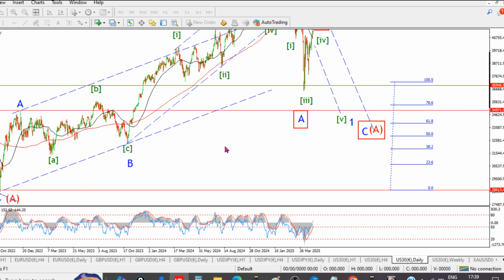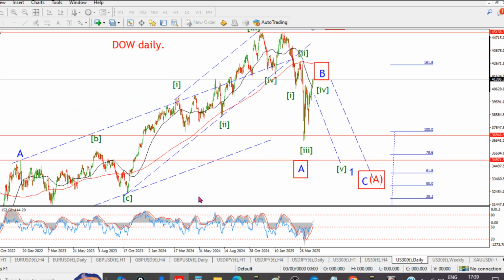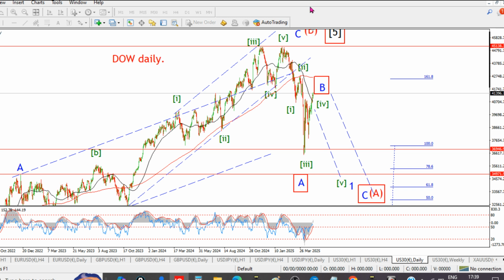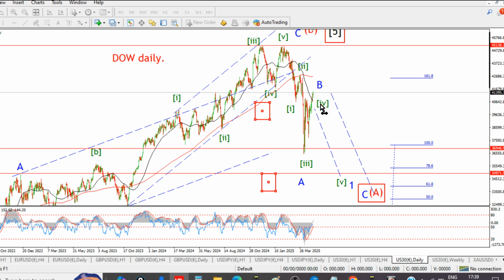So in around that area, we have some reasonable support for this pattern. I did actually switch to that pattern last week, so if you're a subscriber, you know that we switched to that pattern. So it kind of doesn't matter for you, but for the rest of you, this is what I'm looking at now.